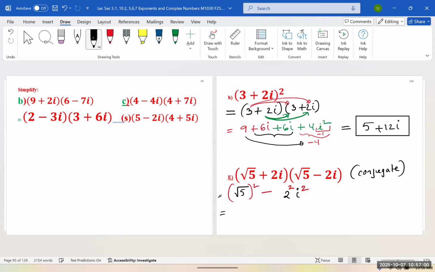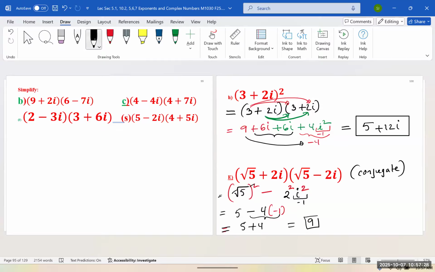What is square root of 5 square? They cancel out, so you get 5. And i square is -1, so you get -1 here. 5 plus 4.